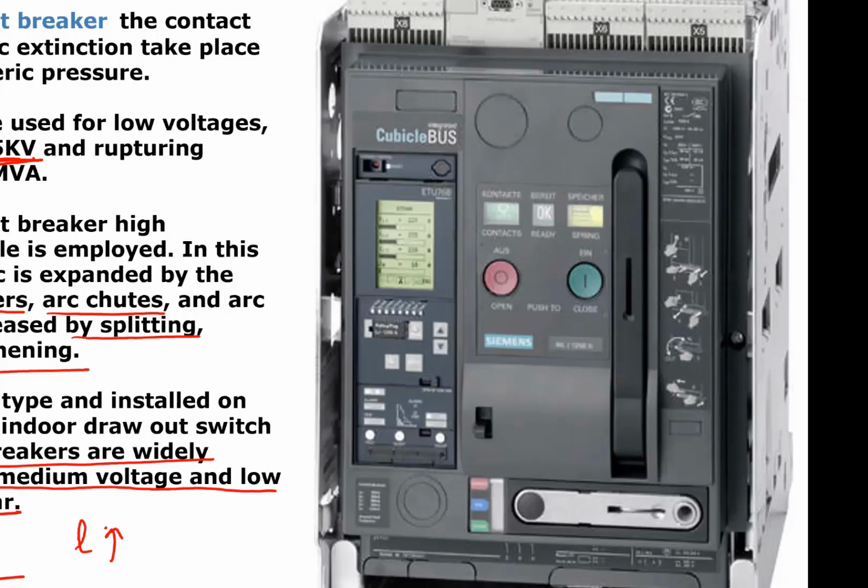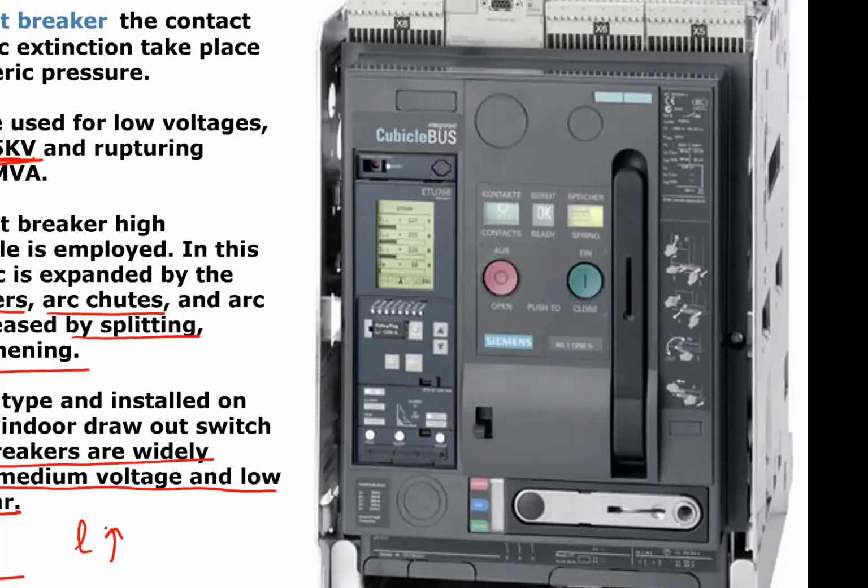Mainly air circuit breakers can be used up to 11 kV. The medium of separation between the fixed and moving contact is atmospheric air. It acts on the high resistance principle, that means the arc is quenched by increasing the resistance of the arc.